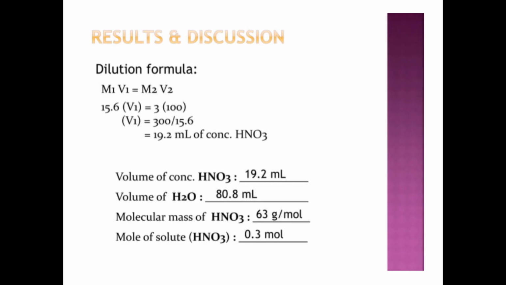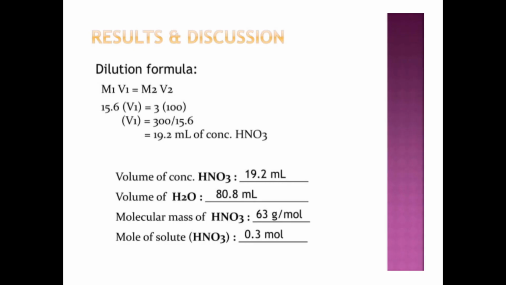Now, because it must be equivalent to 100, if we are using 90.2 ml of conc HNO3, if you subtract it from 100, you are going to have 80.8 ml. So the volume of water that is needed to make it up to 100 ml is 80.8 ml. So the volume of conc HNO3 is 90.2, the volume of water is 80.8 ml.